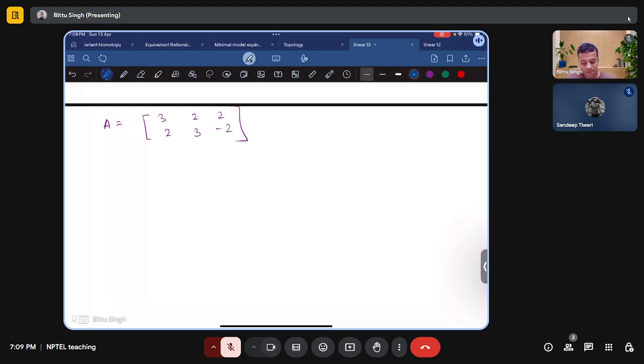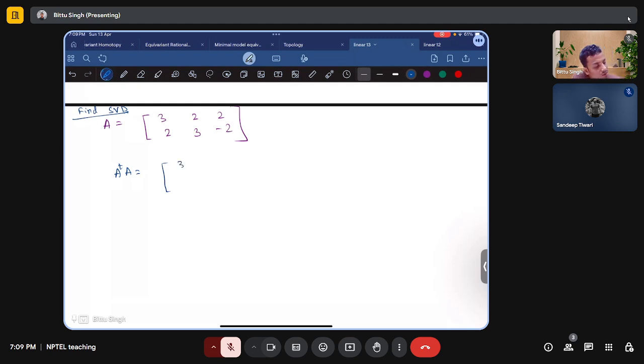So we can apply this. The method will be like this. First we take A transpose A. Find the singular value decomposition of A. What is A transpose A?